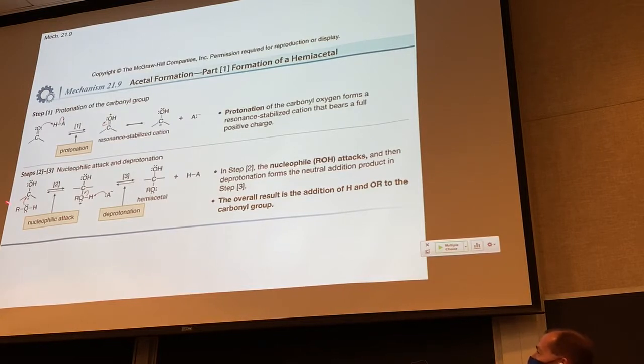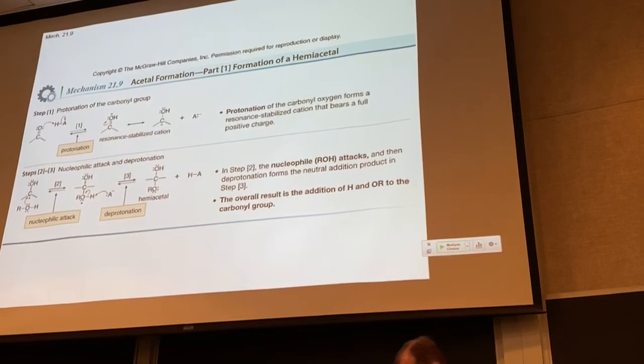If you replace this R with an H, you would get the same mechanism that we learned earlier. Okay, so protonate the carbonyl, generating a resonance stabilized cation. Attack that. We could draw it with either of the contributors. They chose the minor. I usually like to choose the major. But either way, you get to this intermediate, which has to be deprotonated to generate the hemiacetal intermediate. Any questions?